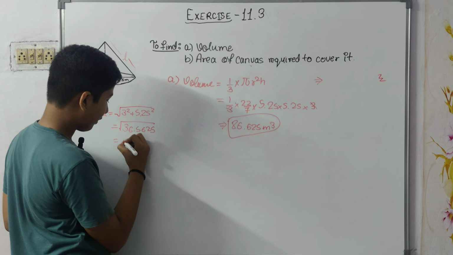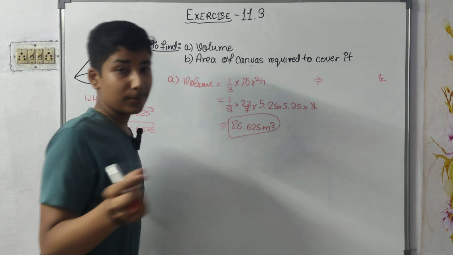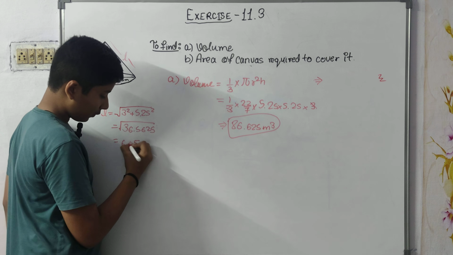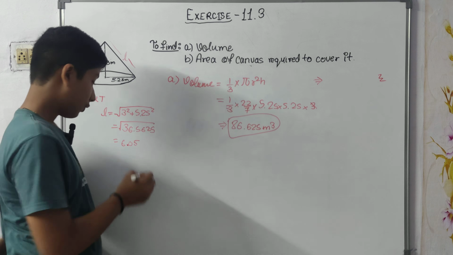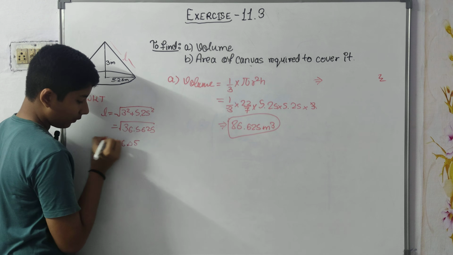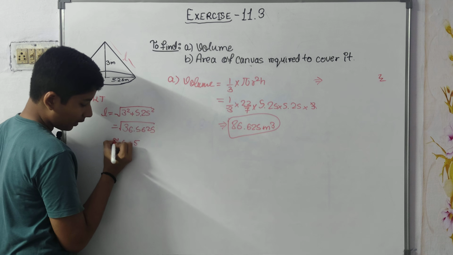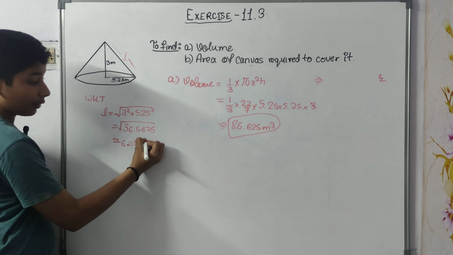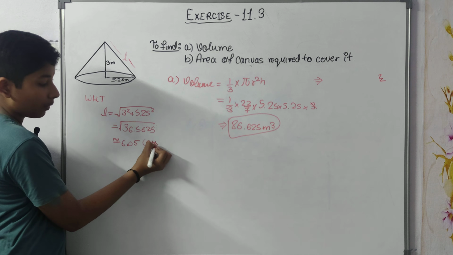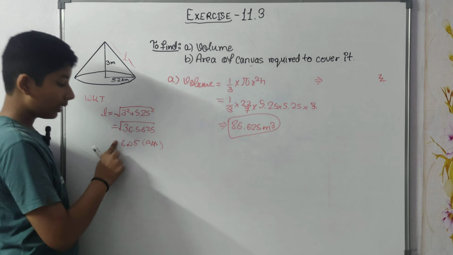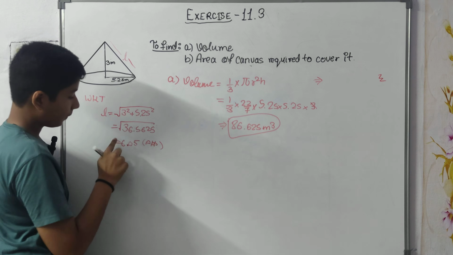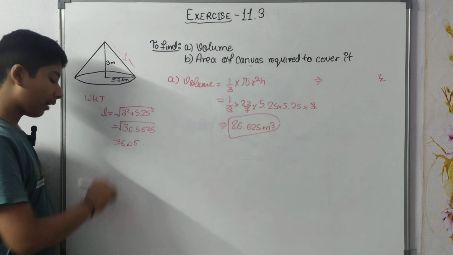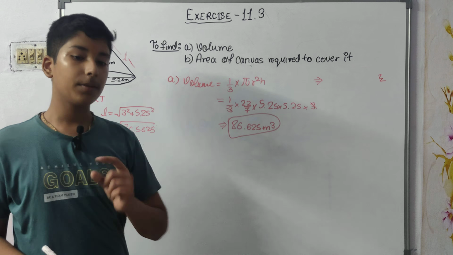So the root of 36 is 6 and 5625 is approximately 0.05, so 6.05 will be our answer. Approximately, we'll just use this symbol, approximately equal to. If you are using this symbol, then no need to write approx in brackets. But if you are not using this symbol, then you have to write approx. I am using this symbol, so I won't write approx in brackets.